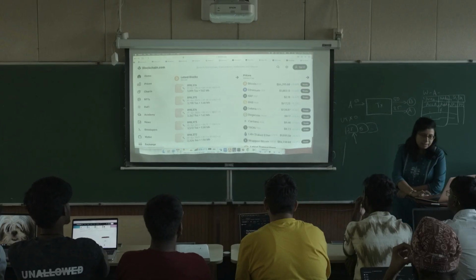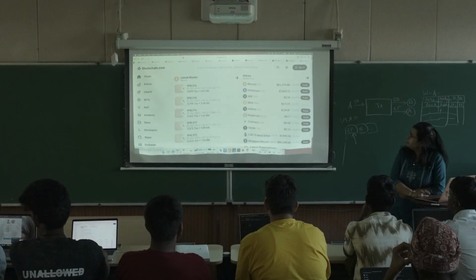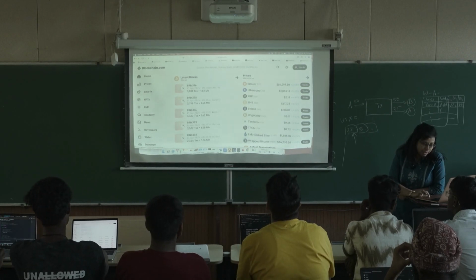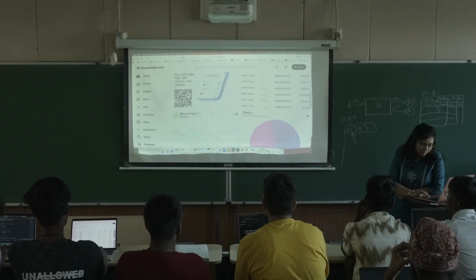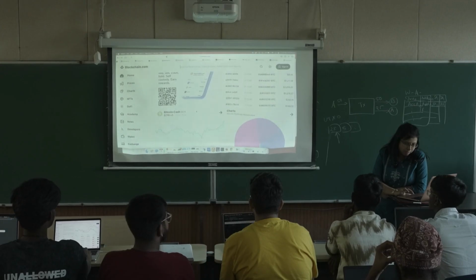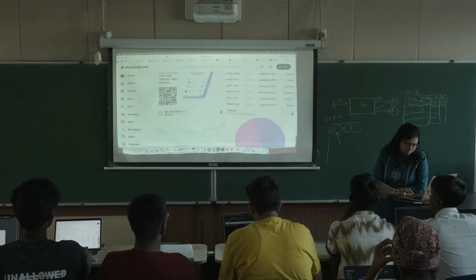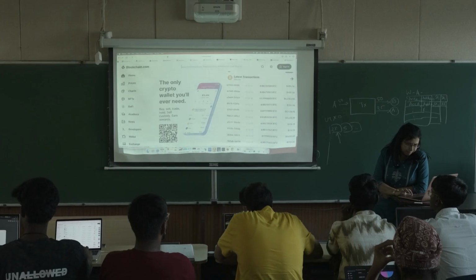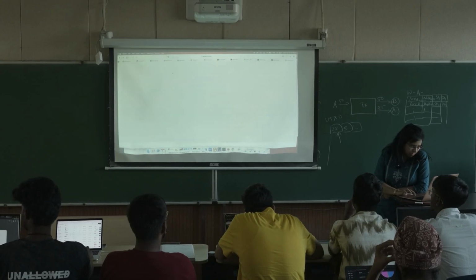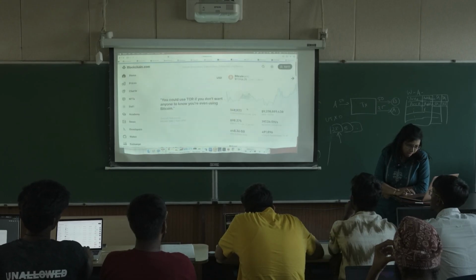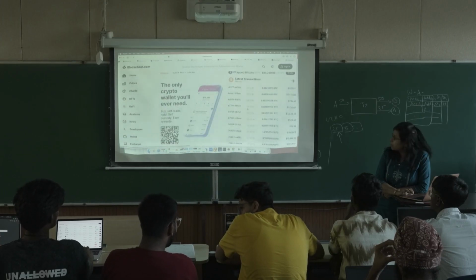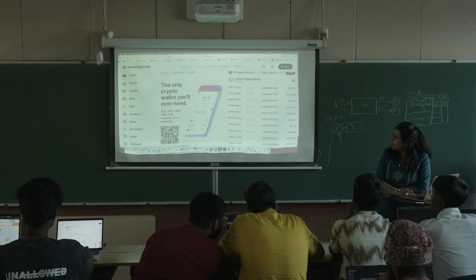See that on the right-hand side are the prices, and the latest blocks that are created for Bitcoin. You would see that these are the latest blocks, the latest transactions happening.